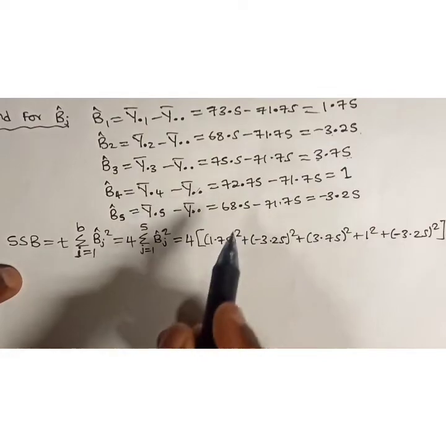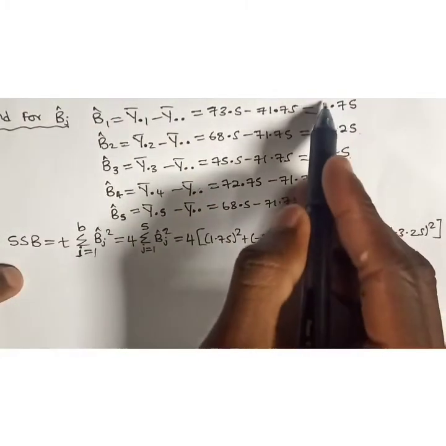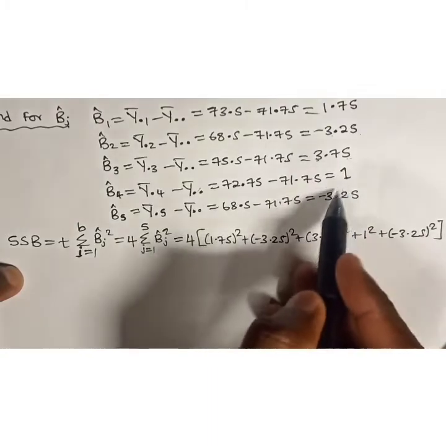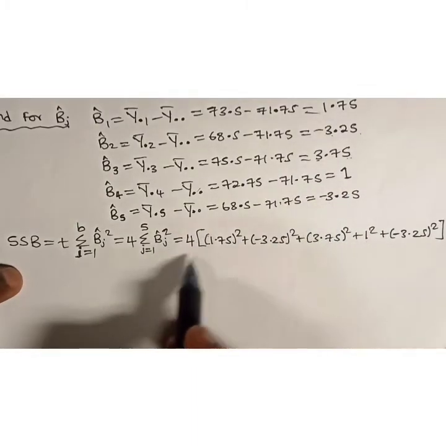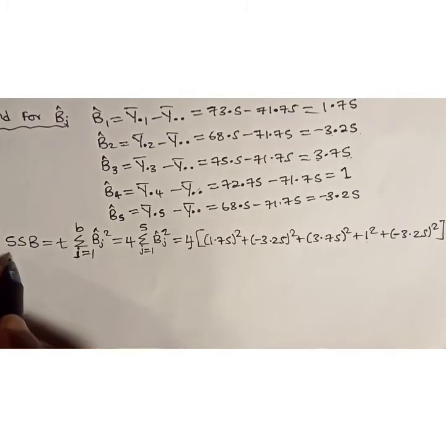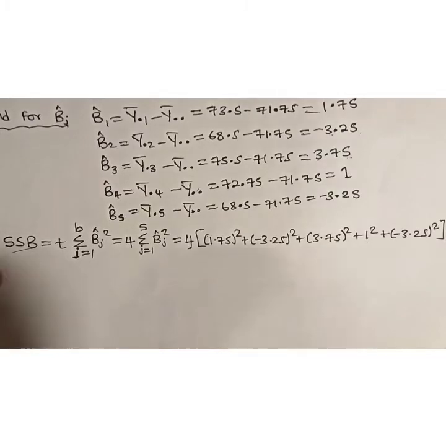As we did with treatment effect, we square these values first, then we sum them up. After we multiply by 4, we'll get our sum of squares for the blocks, which is 157.